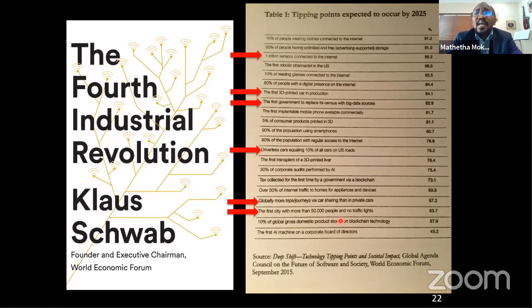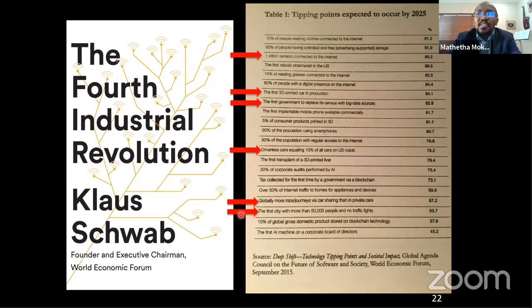The first 3D printed car, the first government to replace its census with big data sources, driverless cars equaling 10% on US roads, more journeys globally via car sharing than in private cars, predicted at 67% probability. Also interesting, the first city with more than 50,000 people and no traffic lights.